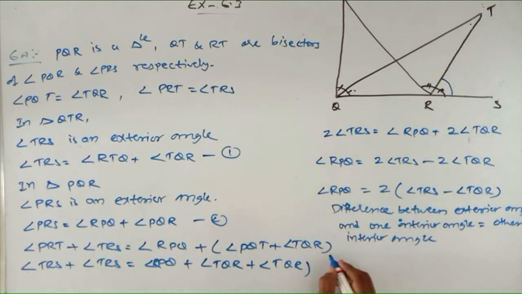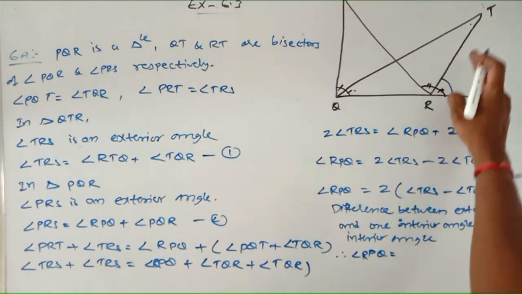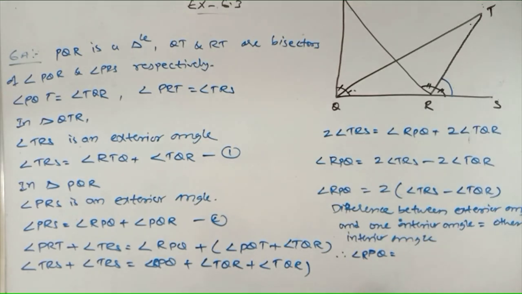Therefore TRS minus TQR is equal to angle QTR. So angle RPQ is equal to 2 times angle QTR, and taking the 2 to the right side, angle QTR is equal to half of angle RPQ, that is, half of angle QPR. So hence proved.